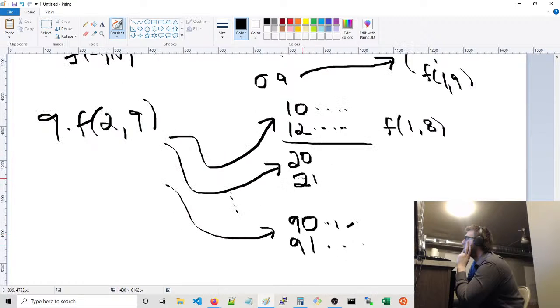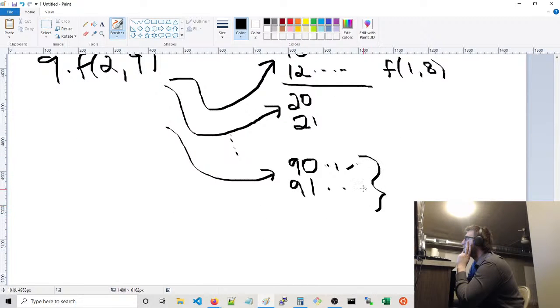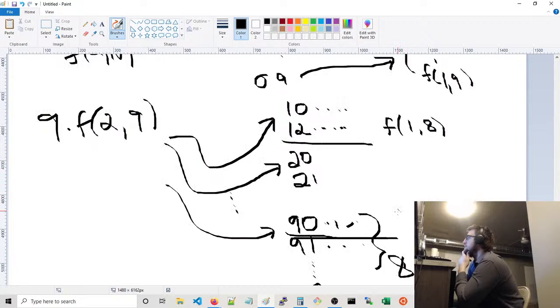By the way, each of these has 8 of them. There's 9 of these, there's 8 of these guys: f of 1, 8. And then there's 1 of these guys, which is f of 1, 9.